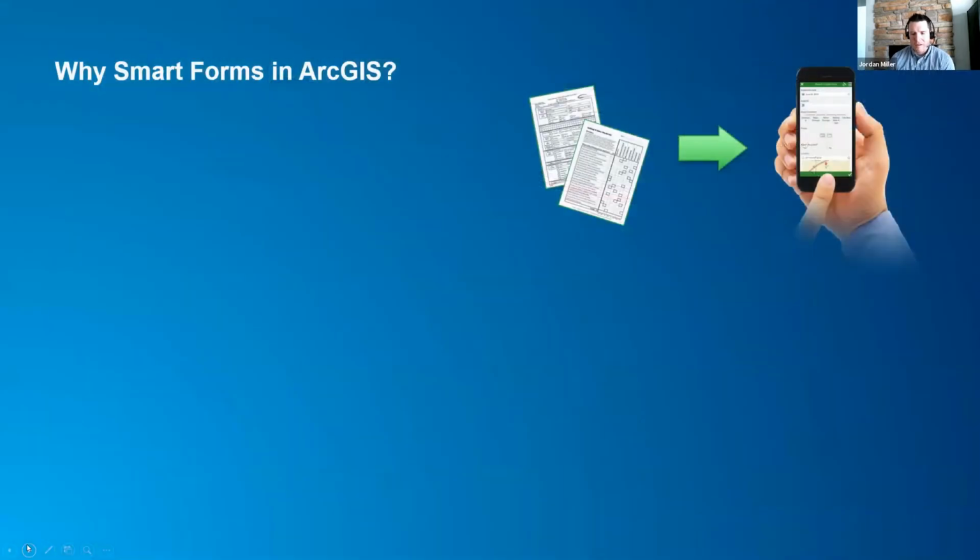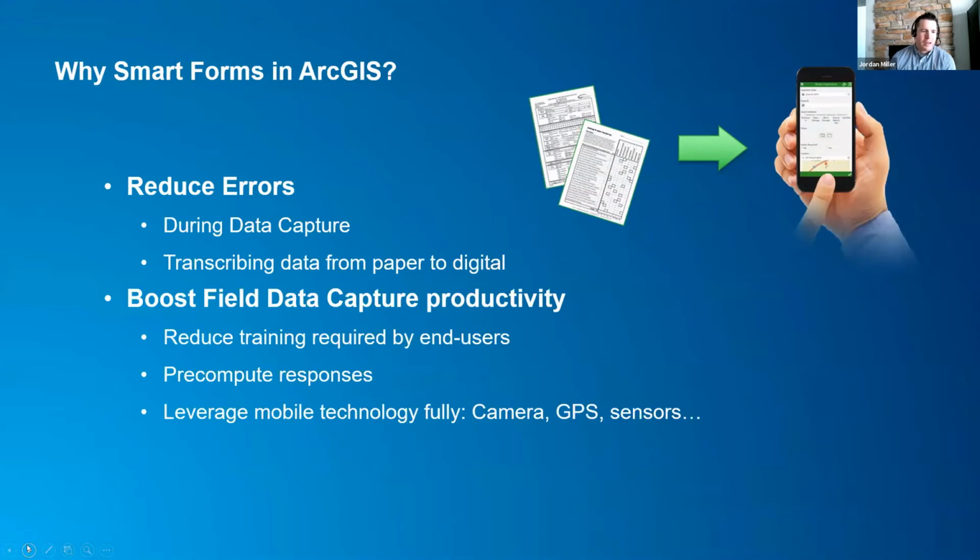The list goes on and on, but in essence, why these types of tools make sense is that they reduce errors. Keeping processes standardized, restricting different choices, it just reduces errors. Especially when you're out in the field, if you're using pen and paper, people are going to take shortcuts.